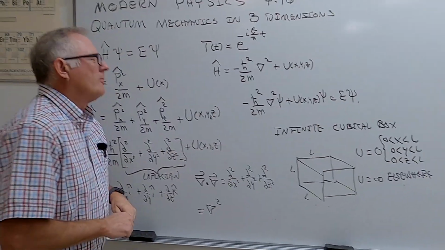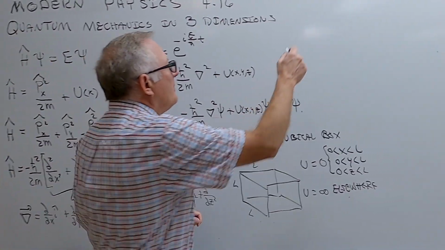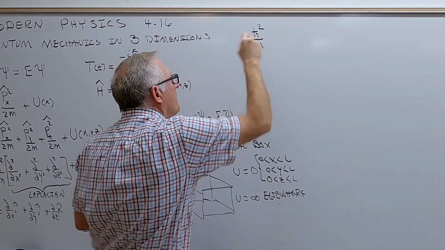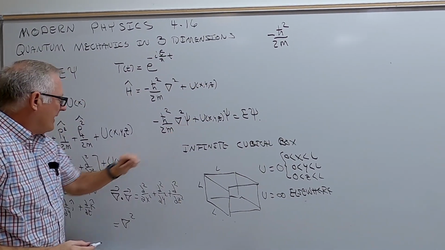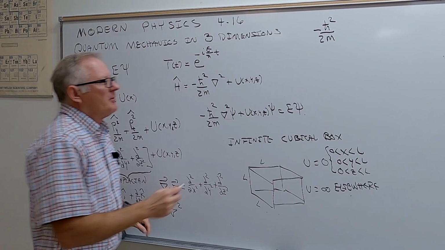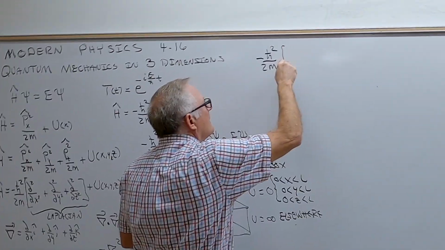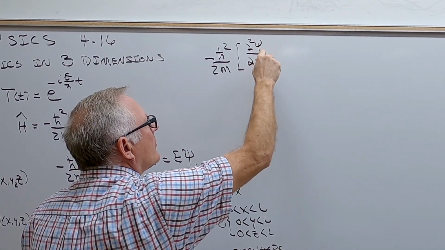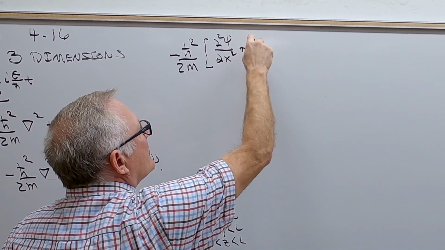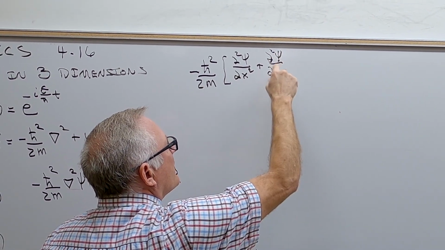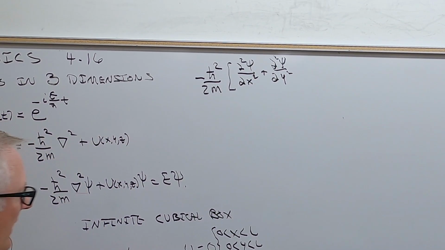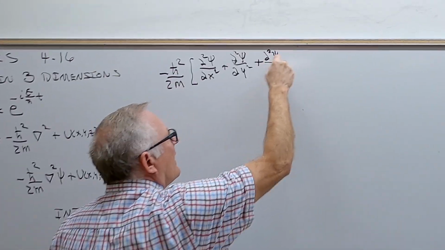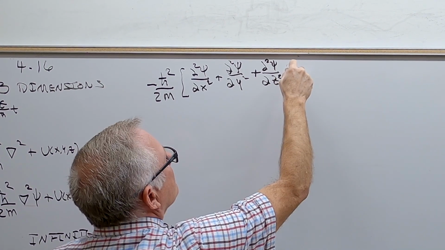So Schrodinger's equation is going to be minus h bar squared over 2m, and in place of that, I'm going to put the second derivative of psi with respect to x squared plus the second derivative of psi with respect to y squared plus the second derivative of psi with respect to z squared.